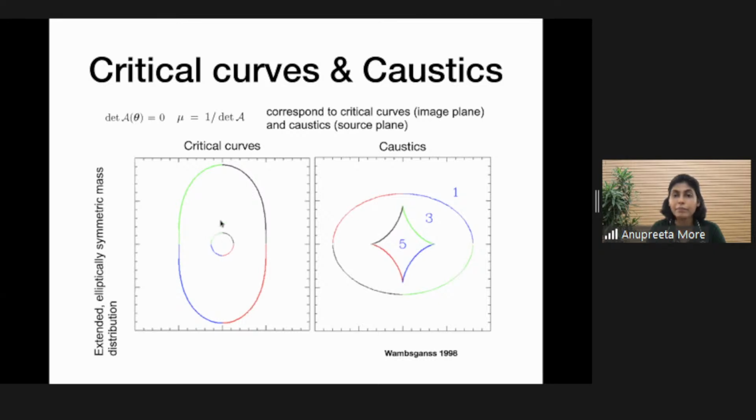And if you map these colored contours to where they are located in the source plane through the lens equation, then those contours in the source plane are called caustics. Does that answer your question?